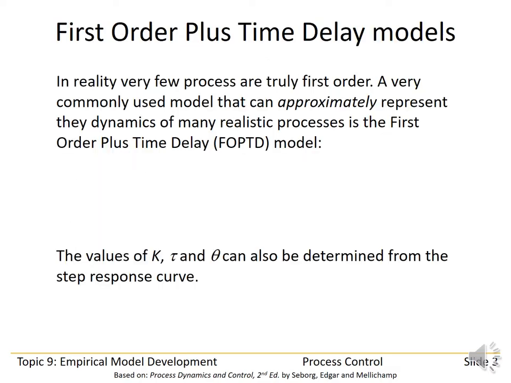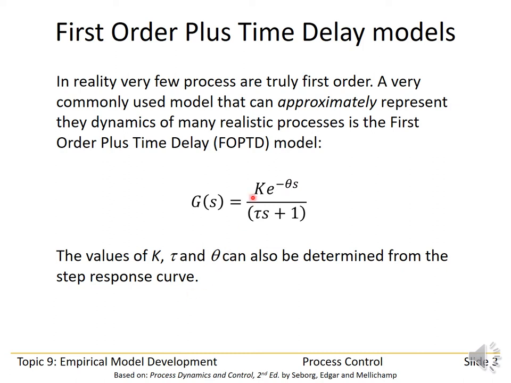Okay, if our process is a first-order process, then empirical model development is not too difficult. Unfortunately, in reality, very few processes are truly first-order. A commonly used model that can approximately represent the dynamics of many realistic processes is the first-order plus time delay model.